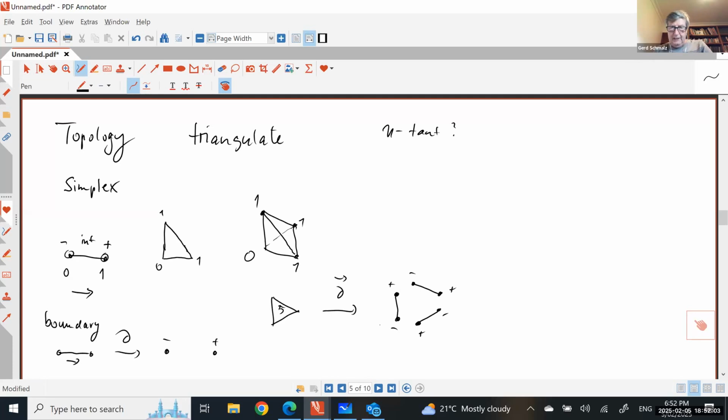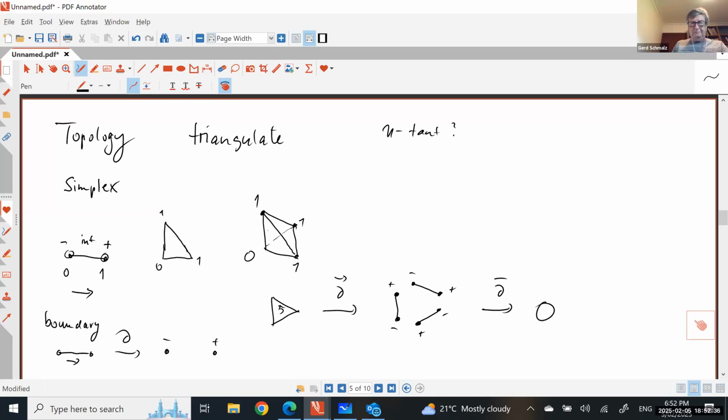So if we actually add them together, this has no boundary anymore, because the boundary points of these 3 simplices, which are the boundaries of our triangle, they cancel each other out.